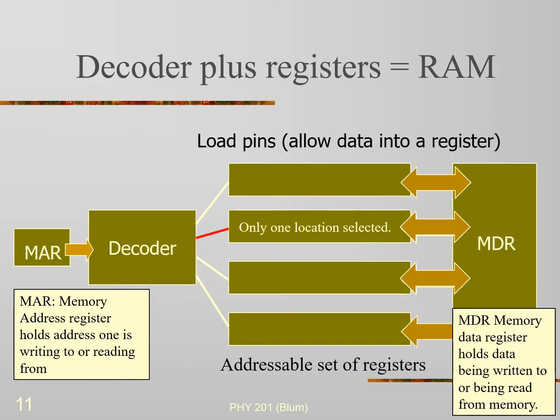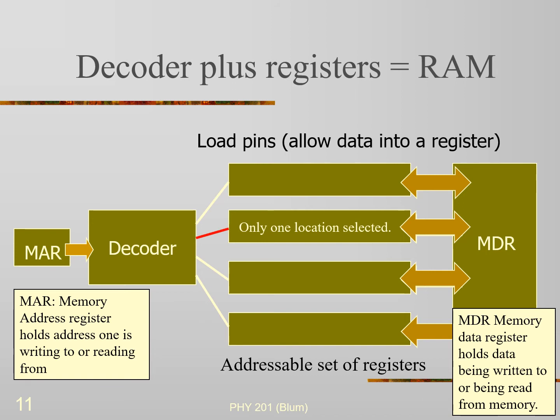So in RAM, first we have the memory address register. This is a simple single register that holds an address and then presents that address to the decoder, so it serves as input to the decoder. Then the job of the decoder is to have one output selected and the rest deselected. That output is fed to this bank of registers that is RAM.